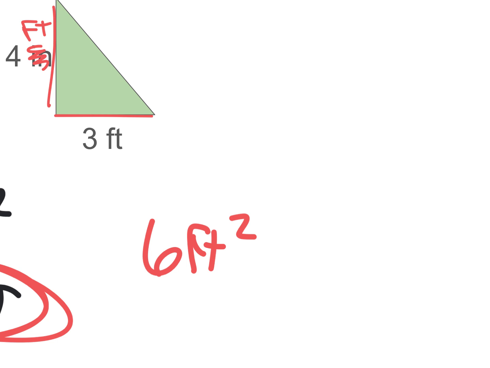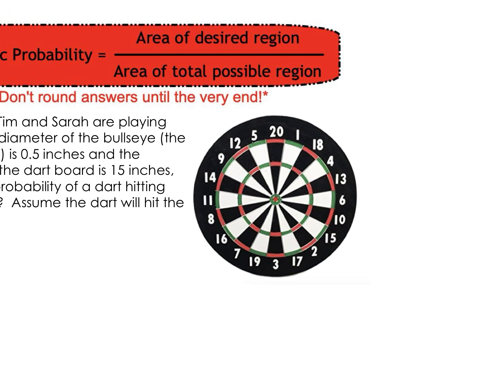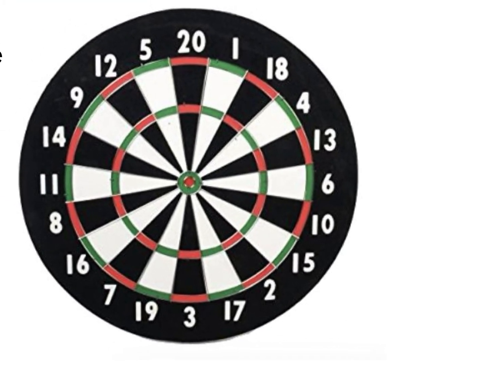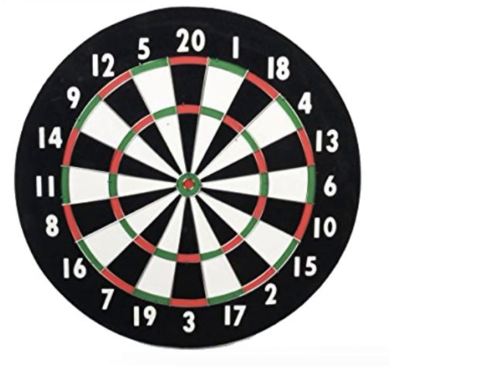All right. So here's a much more complicated problem because these are not really triangles. They might look like triangles and rectangles, but they're not. They're parts of a circle. Okay?